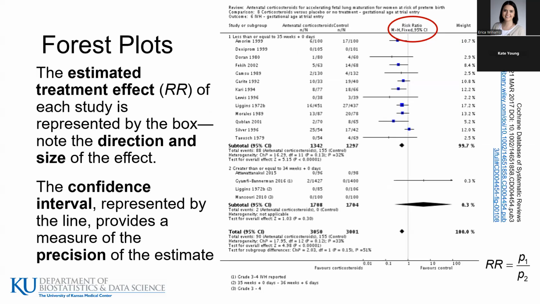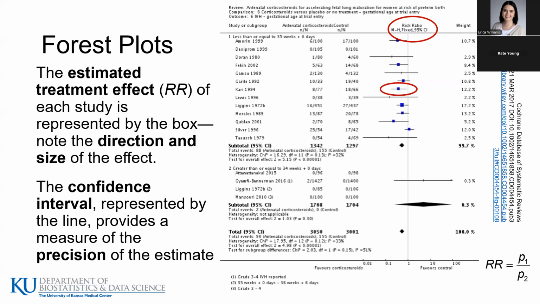And notice you can easily see both the direction and the size of the effect. So the further away from one this risk ratio is, the stronger the association is between treatment type and outcome. In addition to the point estimate of the risk ratio, we're also given the interval estimates.